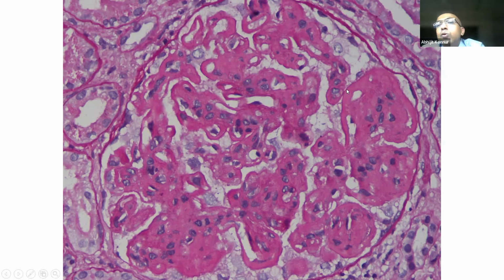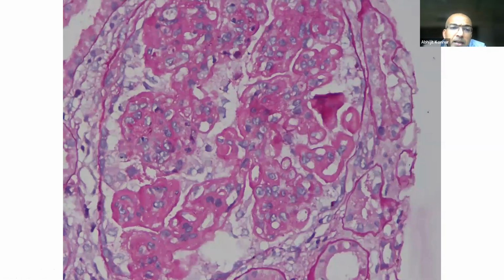Then you have wire loop lesions, which are so classical of lupus nephritis. Again, this is classical of fibrinoid necrosis that occurs involving the capillary loop, and these are the wire loop lesions that are so well known.